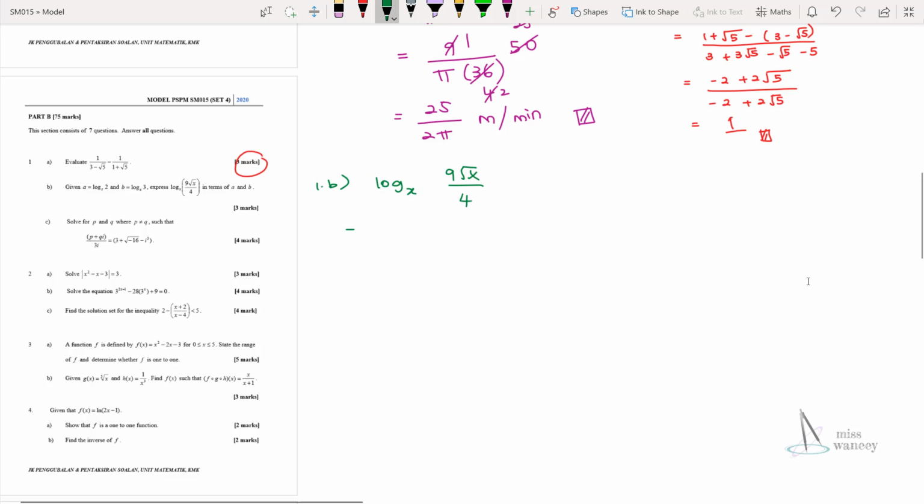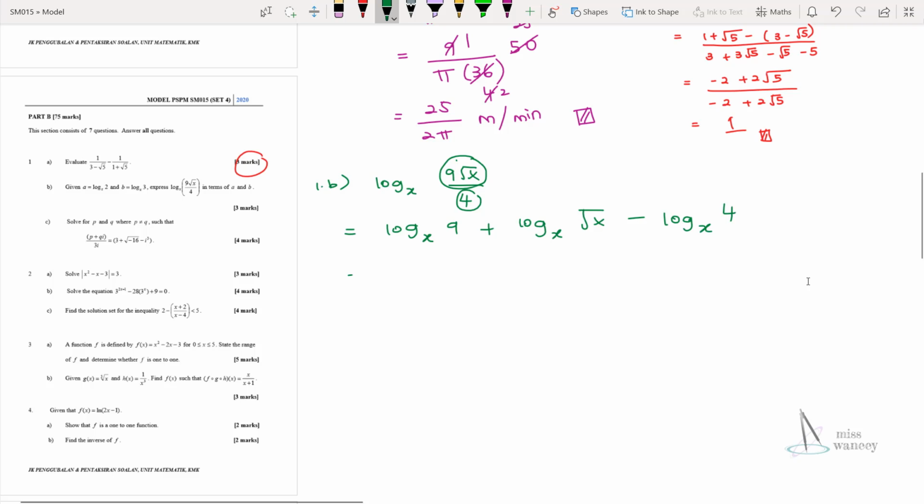I'm going to separate them. I have a multiplication for the 9 and root x, so I change that into a plus, and since I'm dividing by 4, I do a minus. So this is log_x 9 plus log_x root x minus log_x 4.